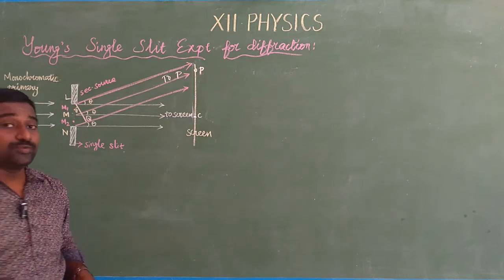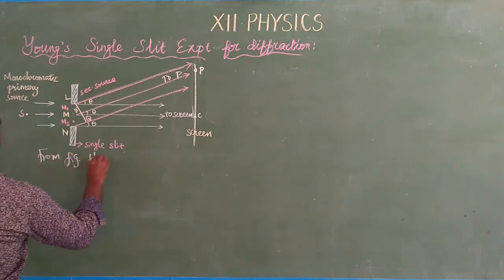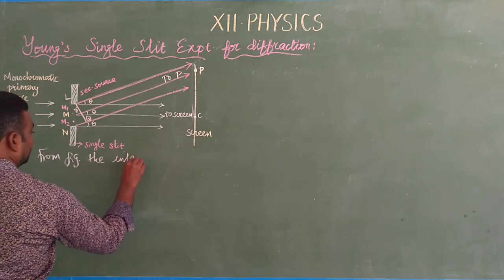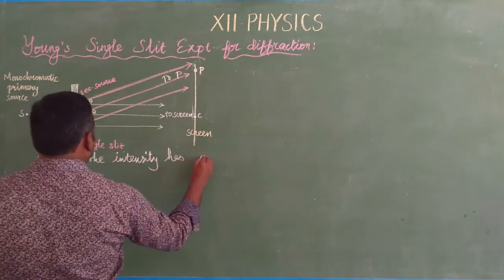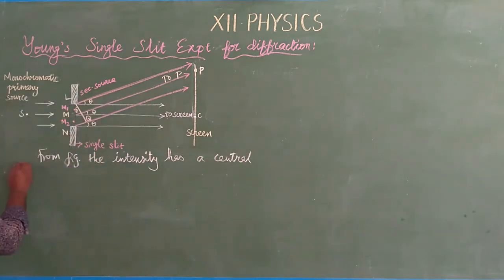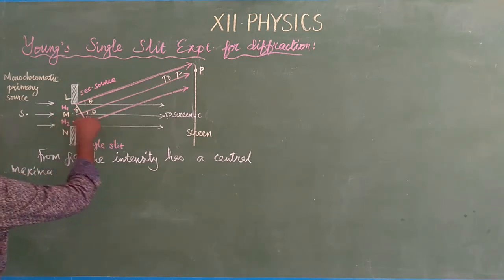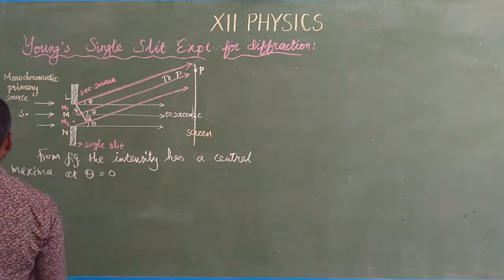So that is what we are going to prove now. So from the figure, the intensity has a central maxima. What is the angle? No angle, theta is equal to 0.